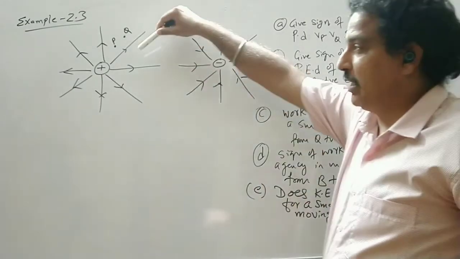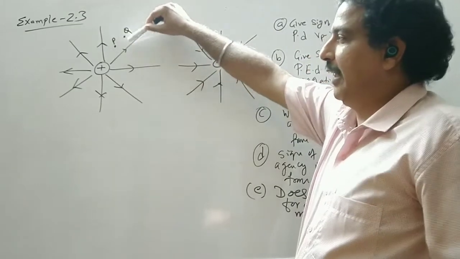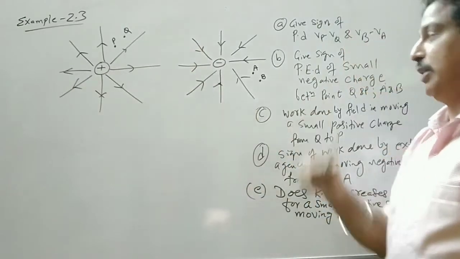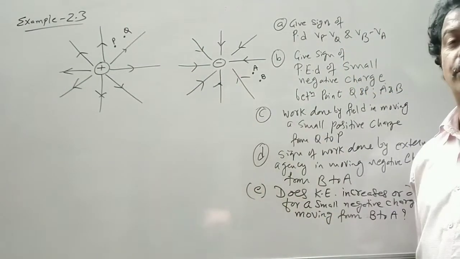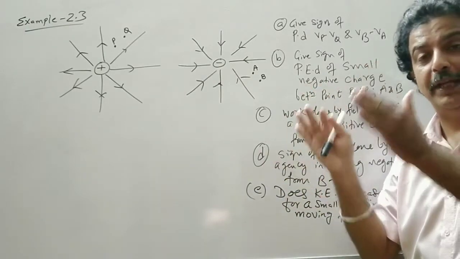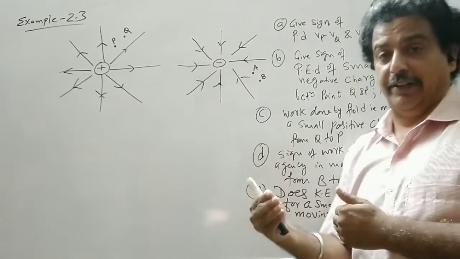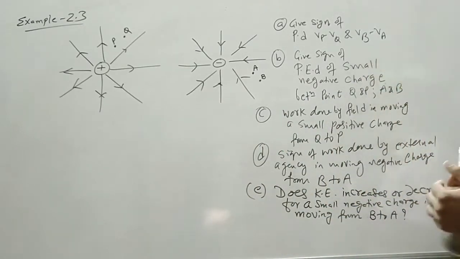See, when we move from Q to P, you are moving opposite to the field line. In this situation, when I move from Q to A, I am moving in the direction of the field, but I need to stop it, so I have to work against the field. So work is done against the field, so Vp will be greater than Va.